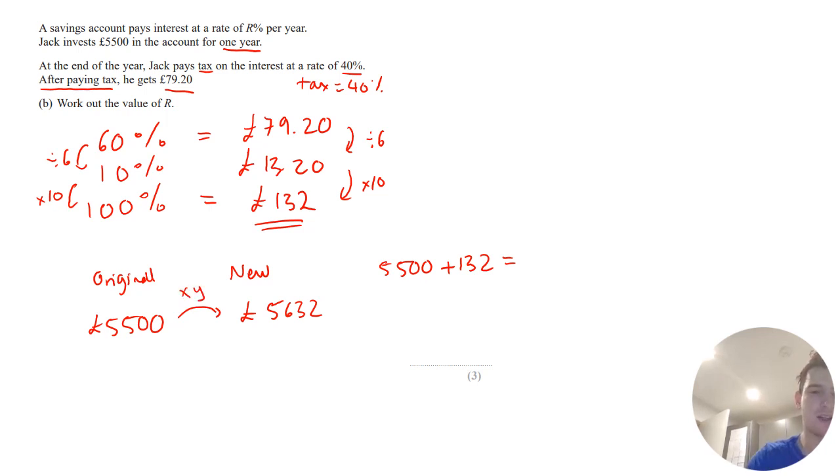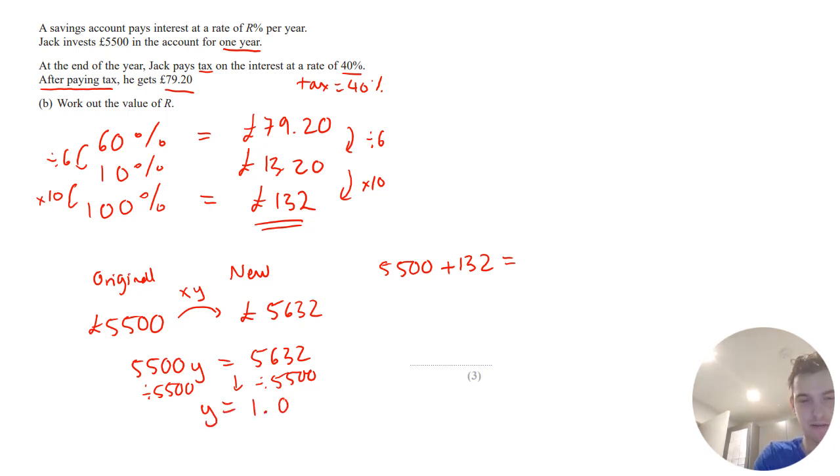And you want to find out that interest rate times by y. So how do you find out that interest rate? Well, you can set up an equation. We've done this kind of question before. Divide by 5,500. And we get y equals 1.024.